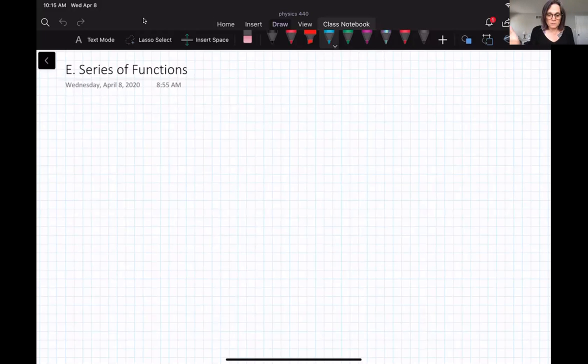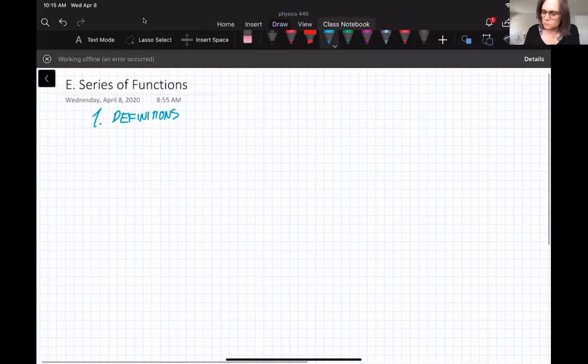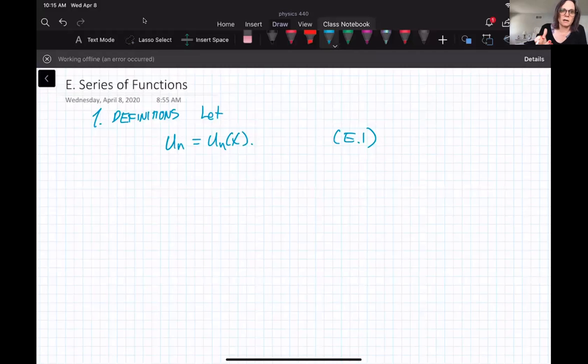So anyway, a series of functions. What are we doing here? Well, let's start with the definition. There we go. All right. So we're going to consider a series as a collection of functions of x.